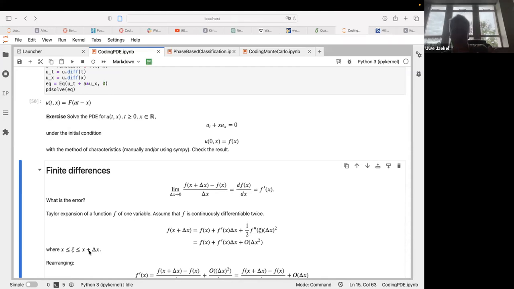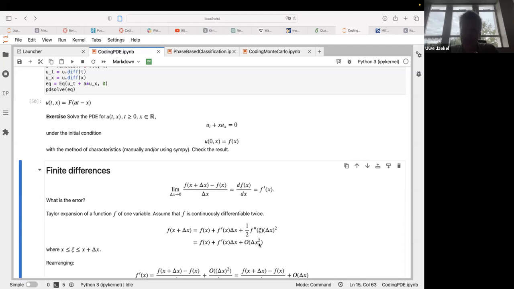I hope you have seen this in your math classes. And this is expressed as O of delta x squared. So this is the error that you make if you have this linear expansion, only to first order of delta x: you make an error O of delta x squared.